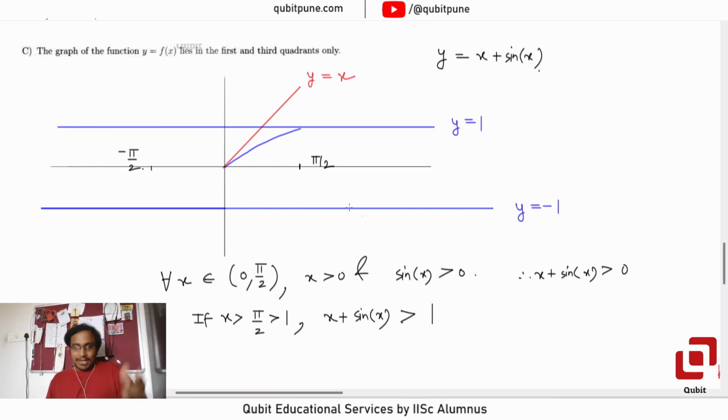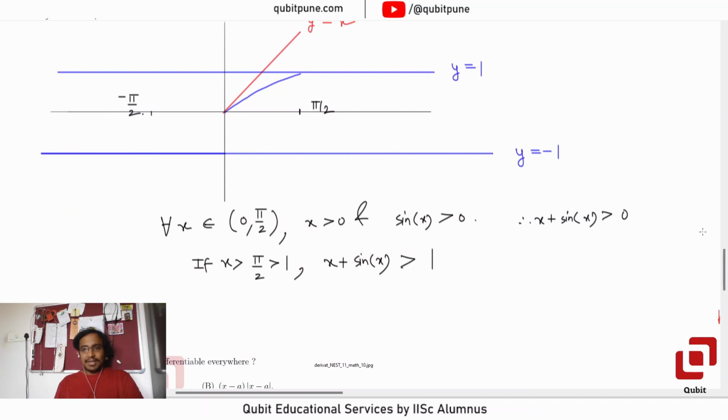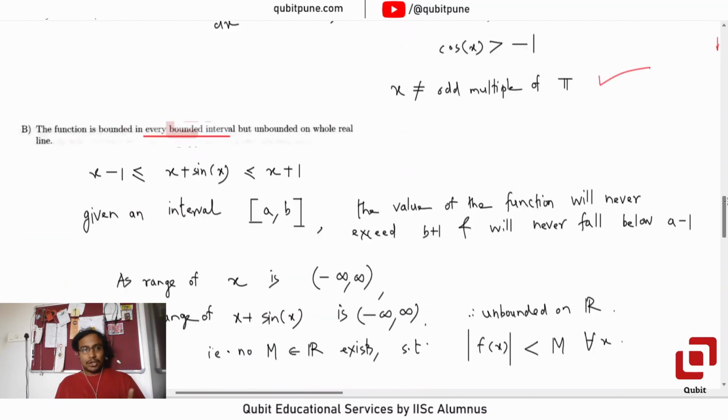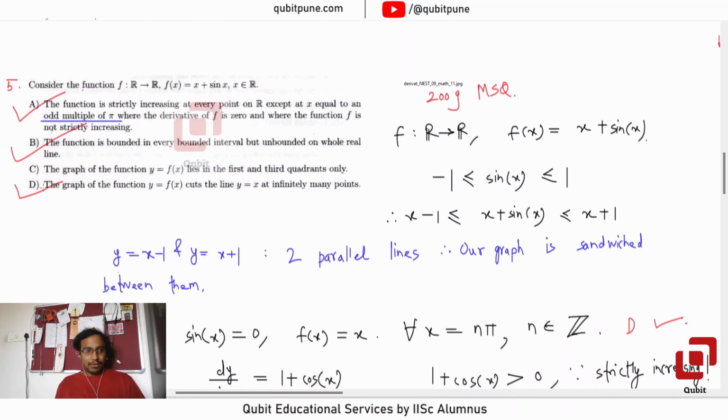Or you can come up with a tighter bound, but that's not needed. And if you use the fact that x and sin x are odd, f of negative x is negative f of x, and therefore it lies entirely in the first and the third quadrants. Understood. So all options are correct. For question 5, all options A, B, C and D are correct.